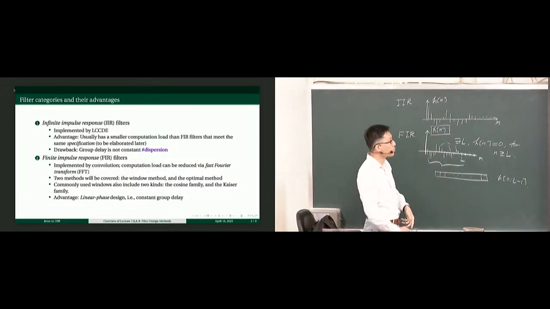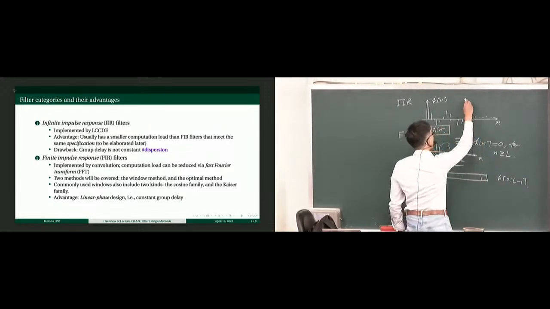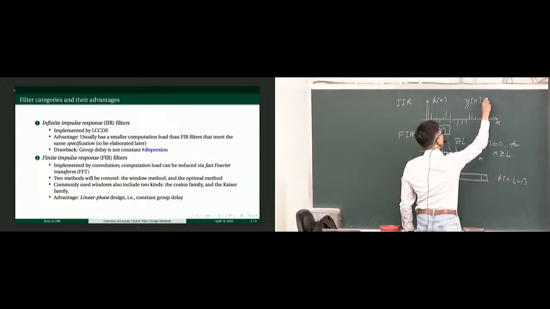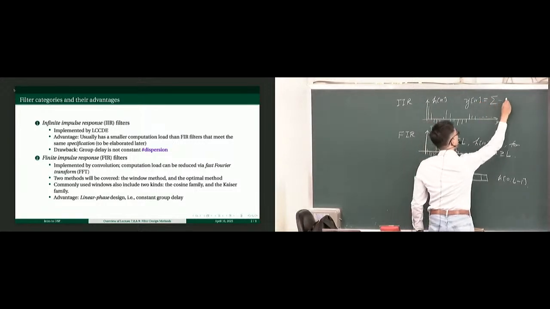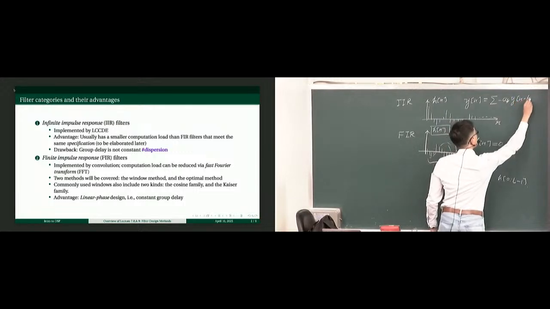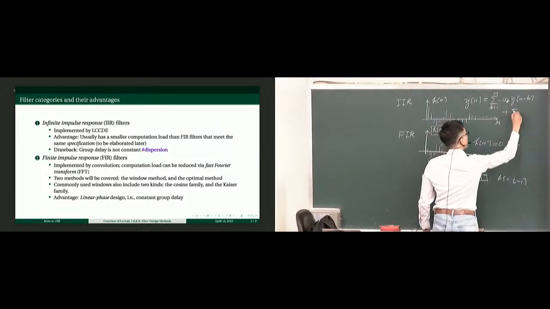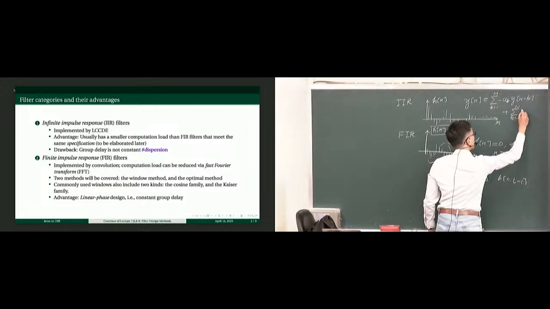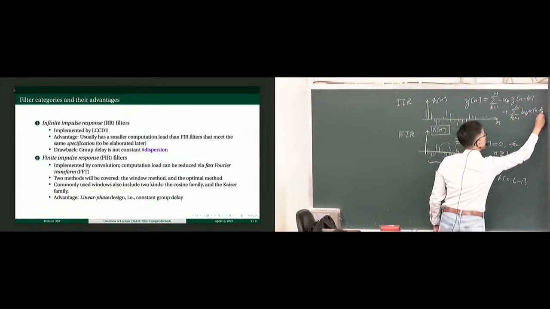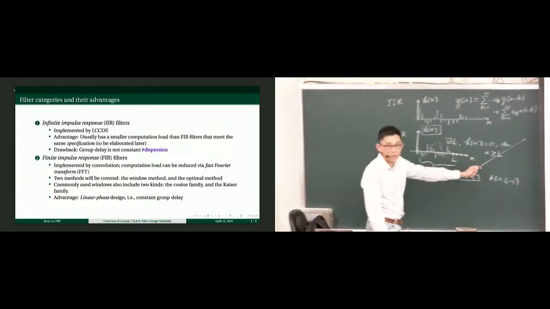Instead, you implement the system by a difference equation, something like y of n equals minus the summation of a k times y of n minus k, plus a linear combination of the input, b k times x of n minus k. But this is one line of code.